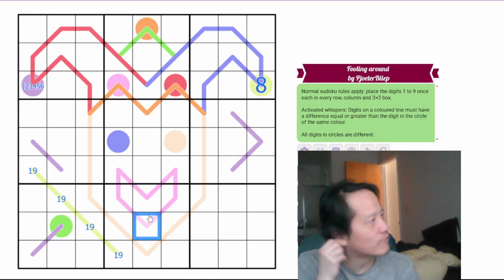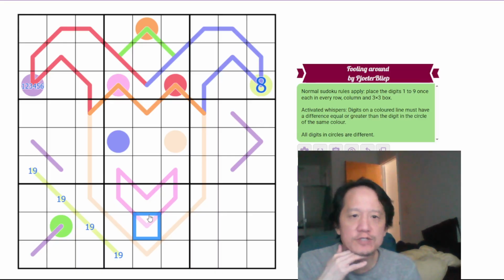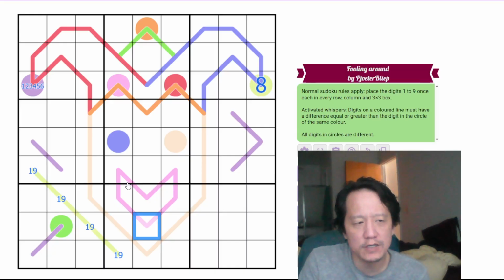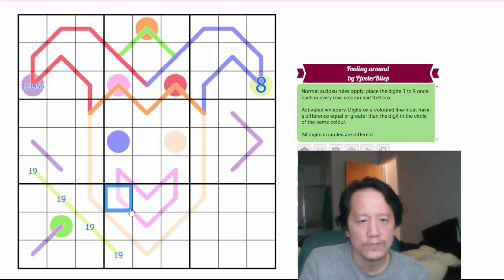So you could have 1, 2, 8, 9 for the difference of 7. So this could be 9 with 1 and 2 here. The 1 could be next to another 9, which could be next to 2. So these are the same: 9, 1, 2, 1, 2. This could be 8.